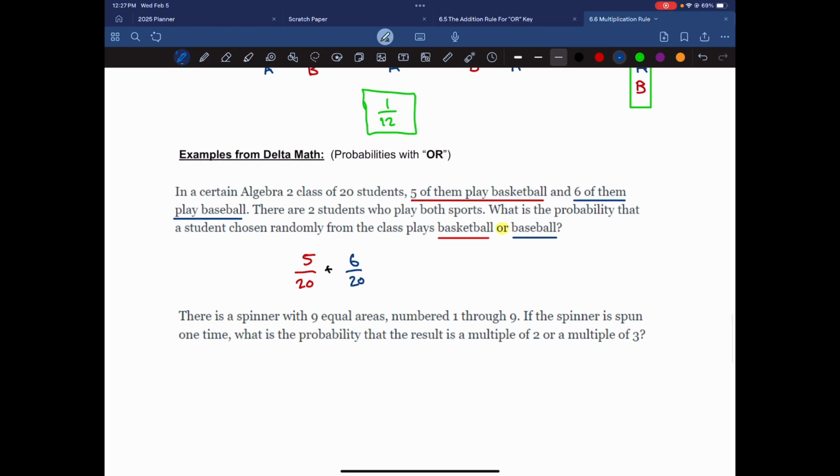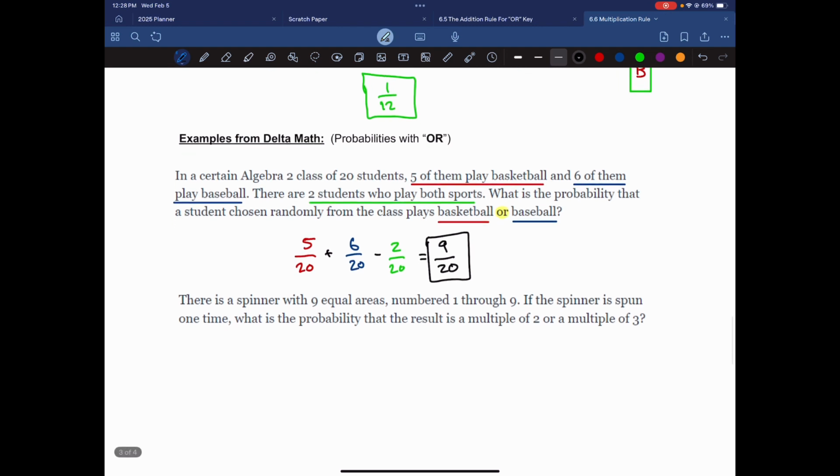And now I have to see, do they have any overlap? Okay, well, it says 2 students play both sports. So now I will subtract my 2 students who play both. 5 plus 6 minus 2 gives me 9 over 20 as my probability. Okay?